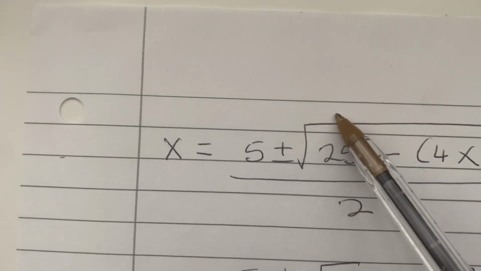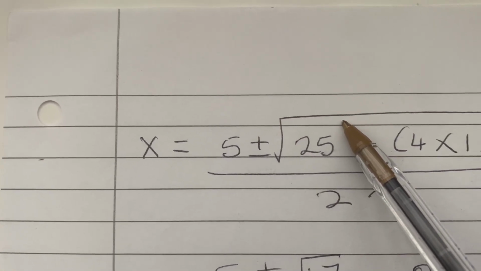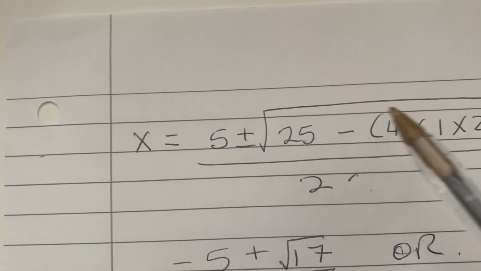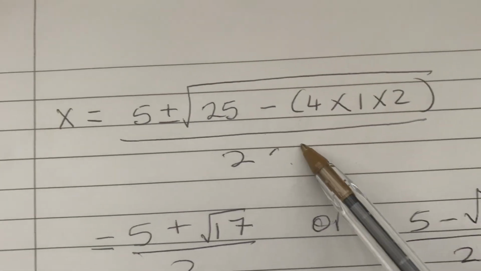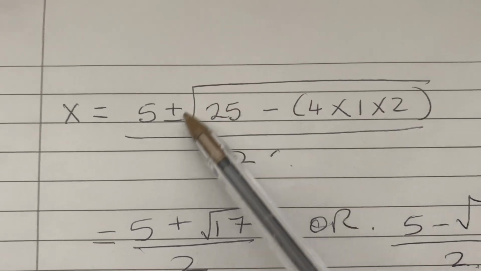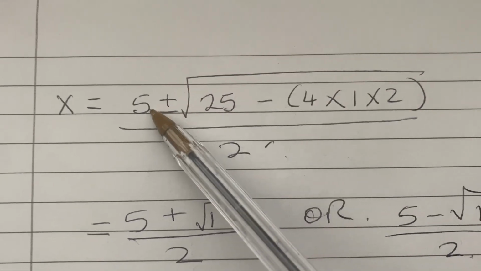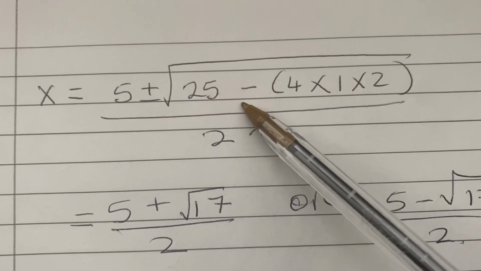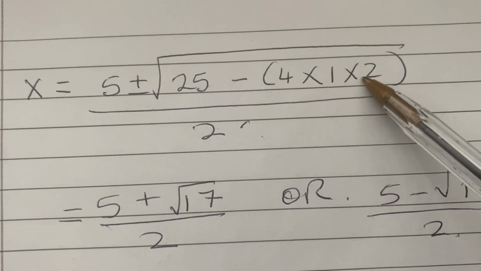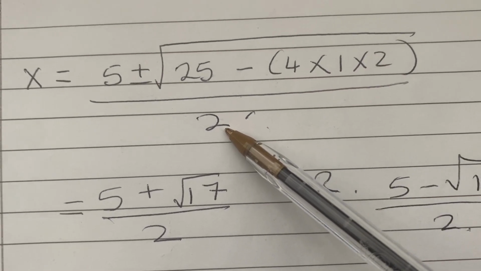So if I put that in the formula, minus b plus or minus the square root of b squared minus 4ac over 2a.